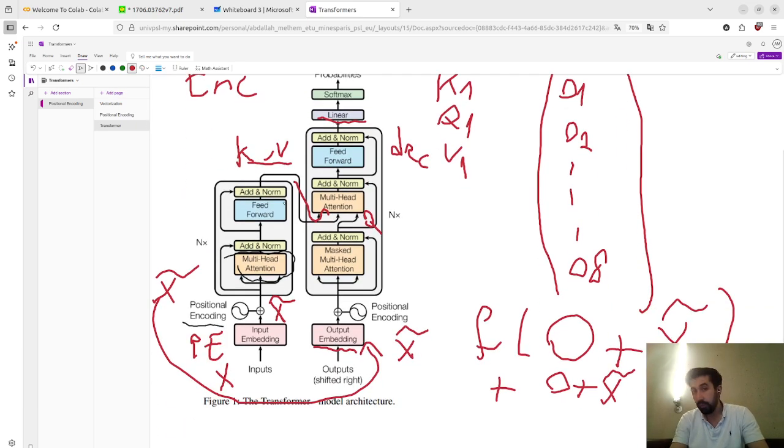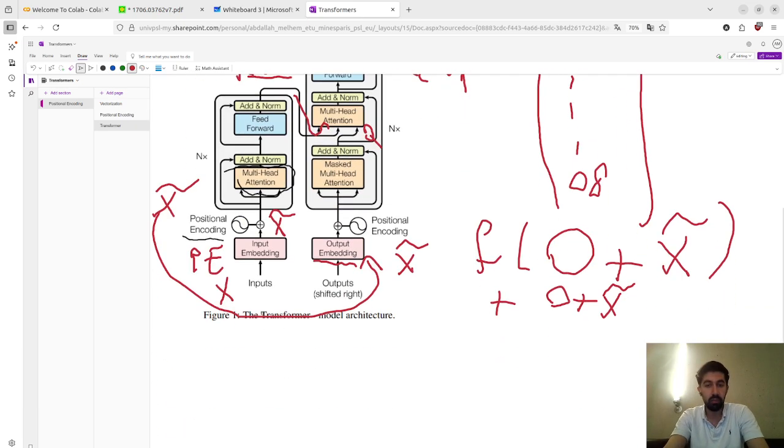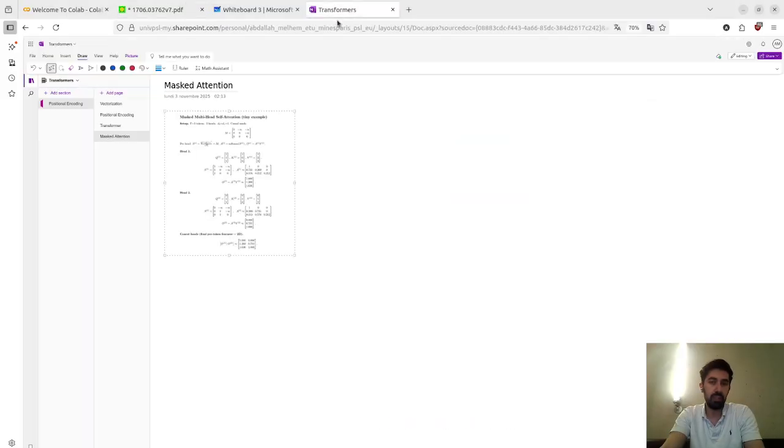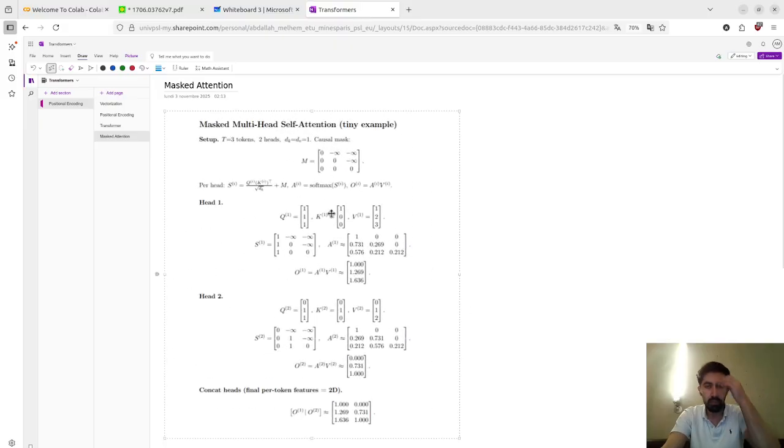So for the final part, we just need to explain what masked multi-headed attention is. It differs a bit from the normal attention. So I made a small whiteboard over here. In the encoder, you're getting the normal attention.